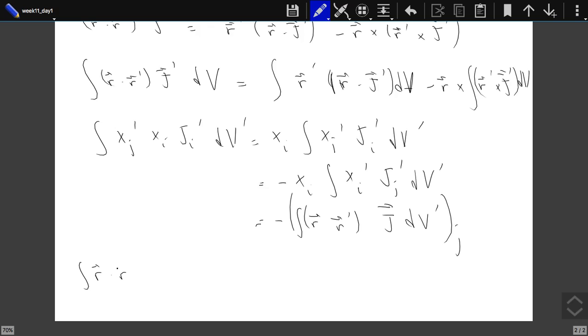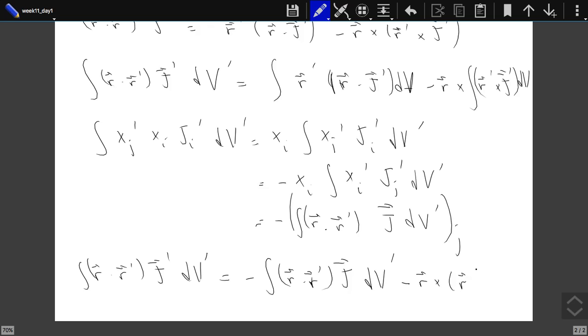So basically this tells me that the integral of r dot r prime j prime dv prime is equal to minus the integral of r dot r prime j dv prime. That is the first term on the right-hand side in the first line, minus r cross r prime cross j prime dv.